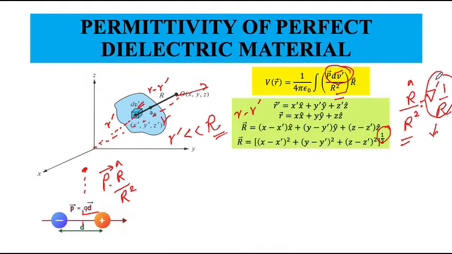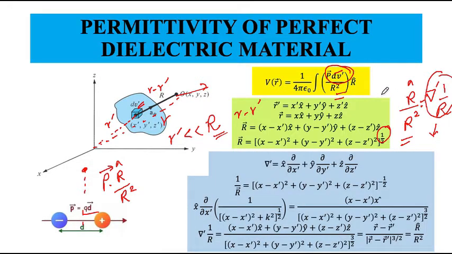It just turns out that this prime simply indicates that you have to differentiate with respect to the primed coordinates, that is x dash, y dash and z dash, rather than the unprimed field coordinates, which are x, y and z. Okay, so the del dash operator is defined as x hat partial differentiation with respect to x dash plus y hat partial differentiation with respect to y dash plus z hat partial differentiation with respect to z dash.